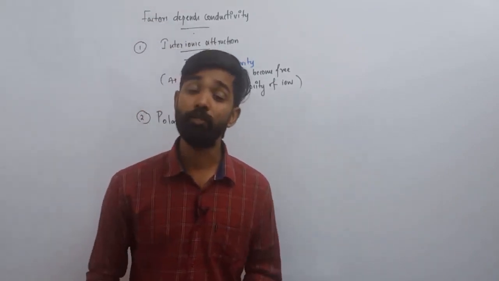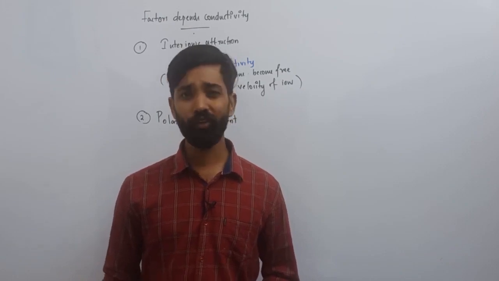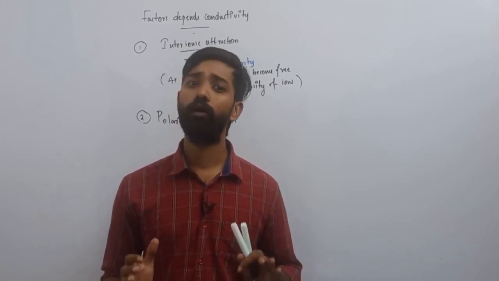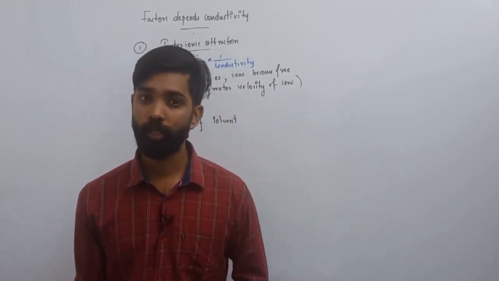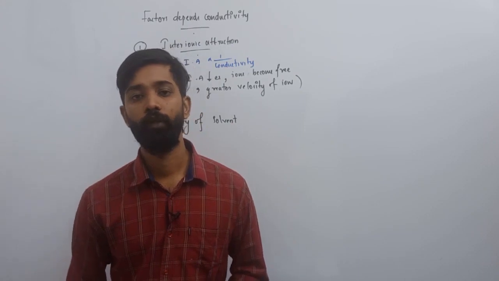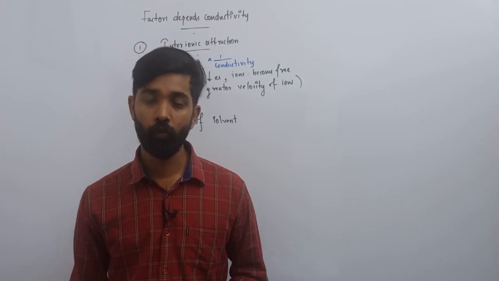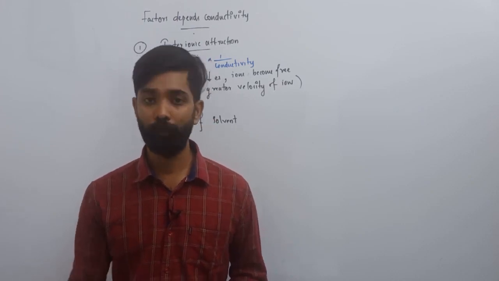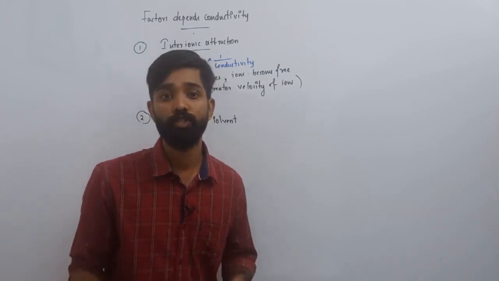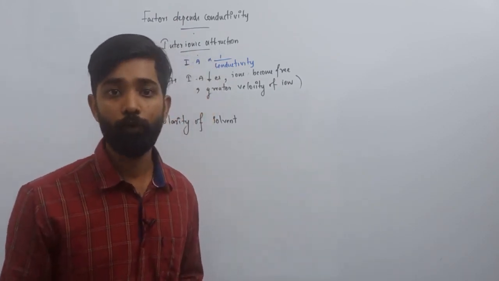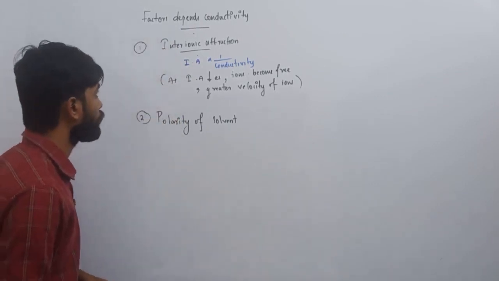So ionization increases, its conductivity increases. Ionic compounds are polar, and if an ionic compound is dissolved in a more polar solvent, the ionization of that electrolyte increases. If more and more ions are produced, it can cause conductivity. So conductivity increases.